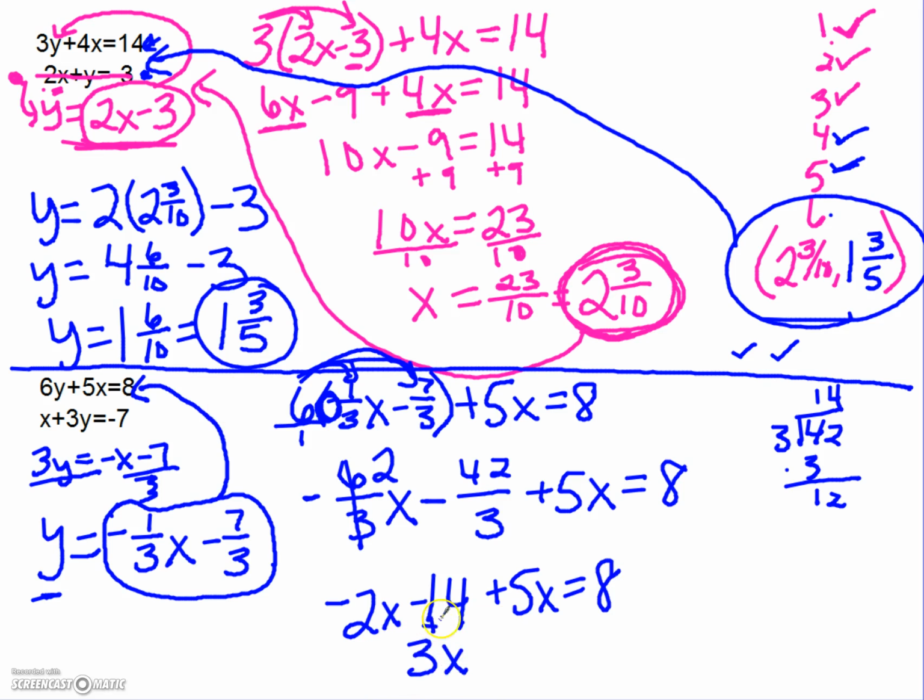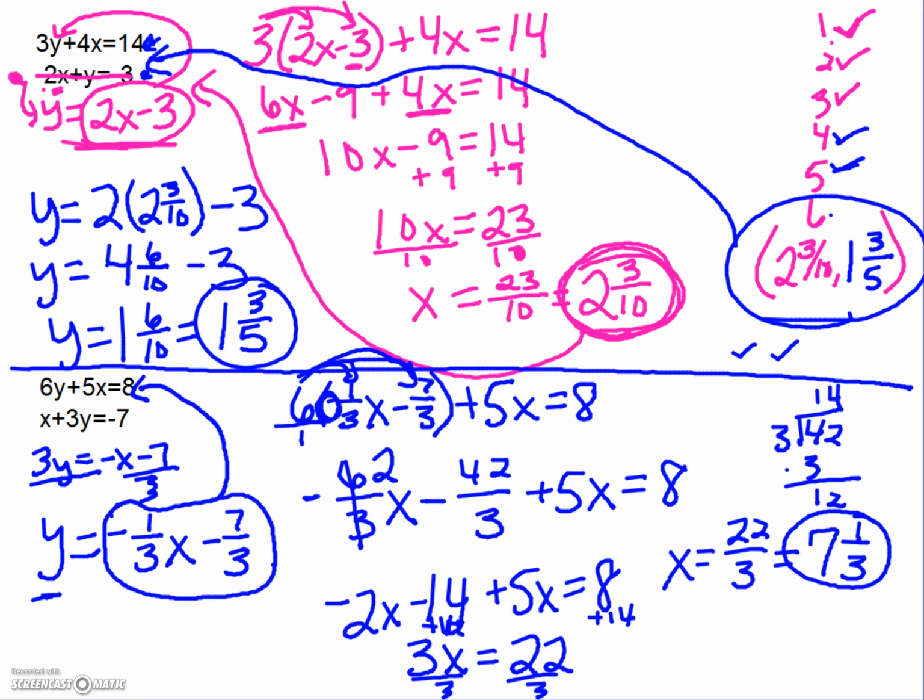I'm going to go ahead and put this over on the other side. So 3x and then 8 plus 14 is 22. So then I divide. So x equals 22/3, which goes down to 7 1/3.